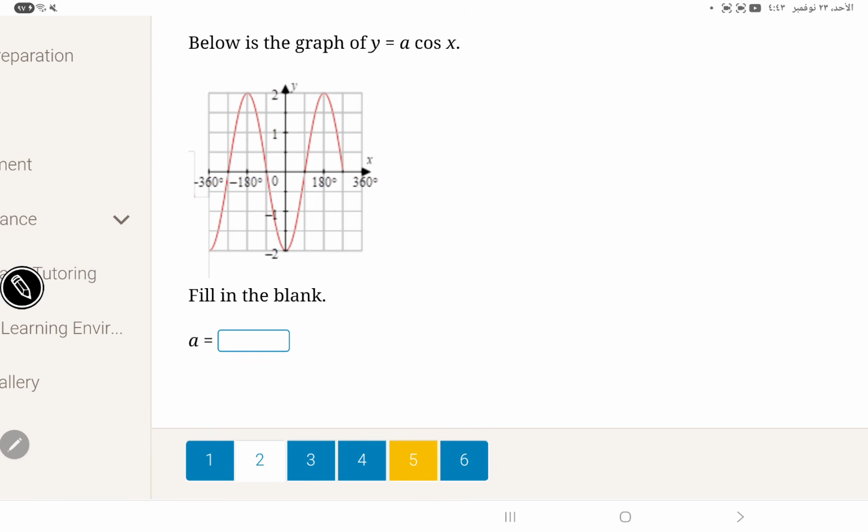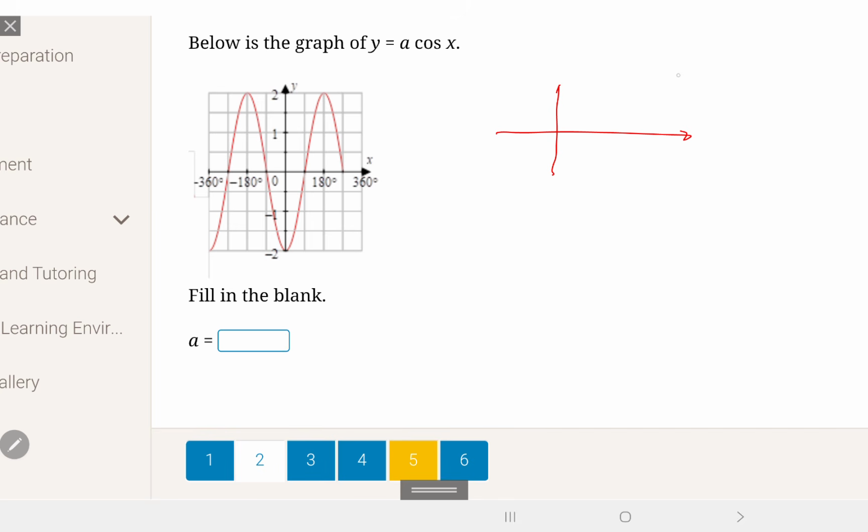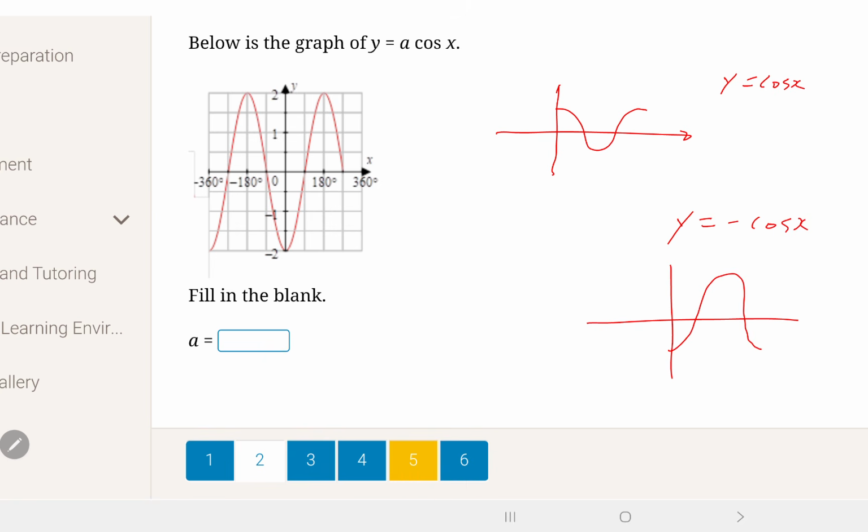Number 5 now. This is the cosine also flipped. So let's analyze it. In case you have y equal cosine x, the parent function is like this. But if you add minus to the function, you get like this. It will be reflected in the x-axis.